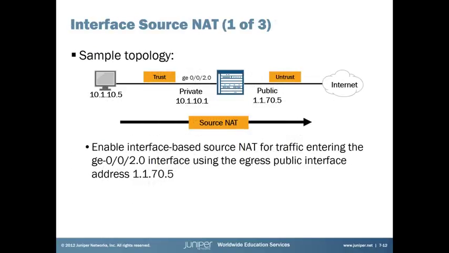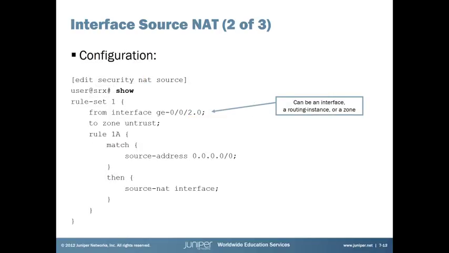Okay, here's an interface source NAT. So enable interface-based source NAT for traffic entering the ge-0/0/2 interface using the egress public interface address of 1.1.70.5. And there's our configuration.